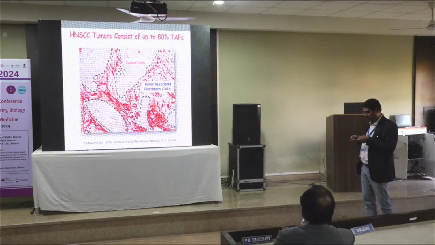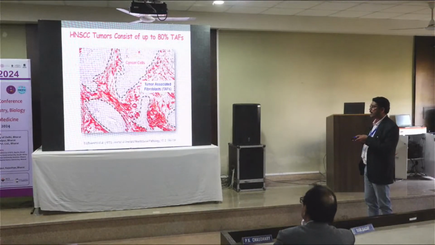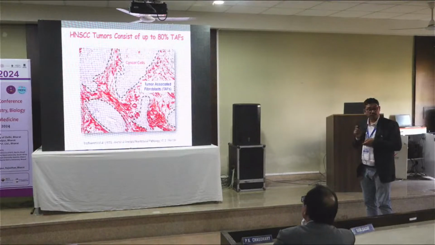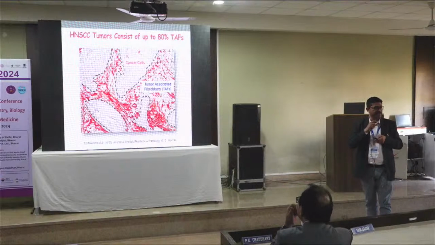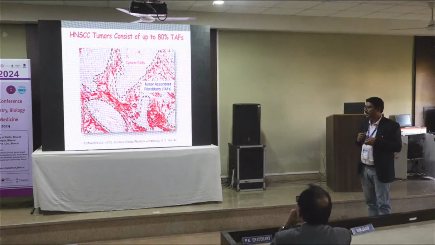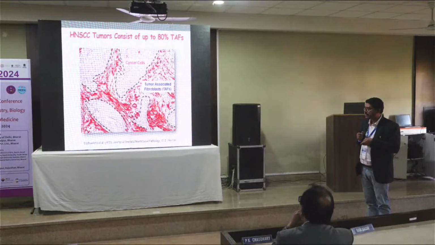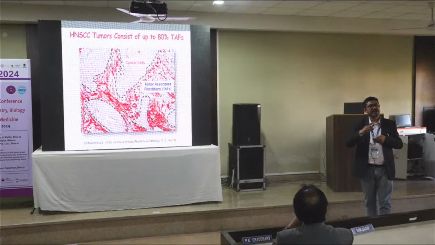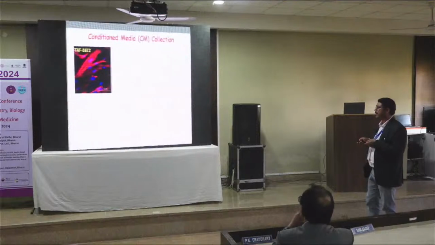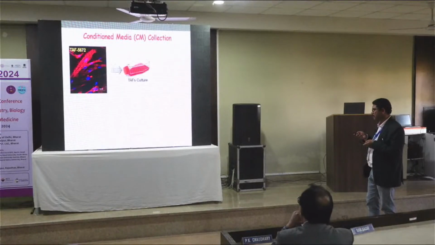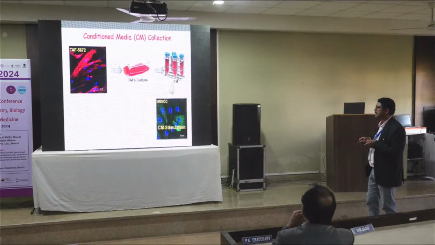The level of cancer-associated fibroblast cells in oral tumor, specifically in the head and neck region, in solid tumor and breast tumor, is very, very high. So if you are killing these cells together with cancer cells, you would be able to reduce the cancer burden at maximum.